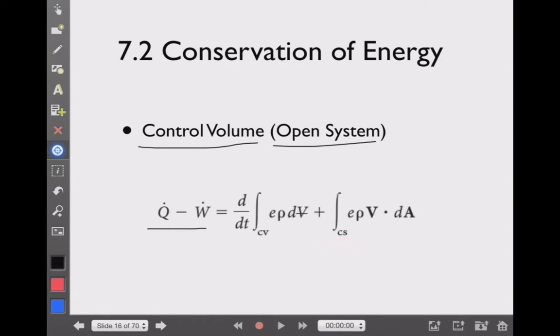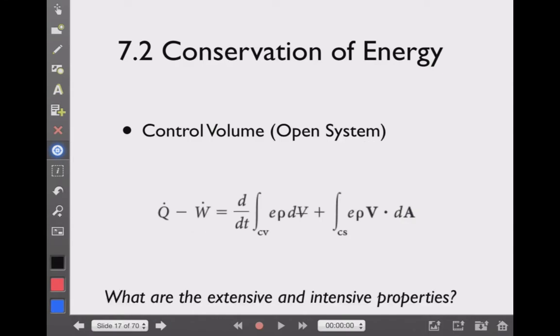Very similar to what we've seen before. And so my question quickly is, what are the extensive and intensive properties? One thing that we can do right now is remember that the two things on the left-hand side equal dE/dt.